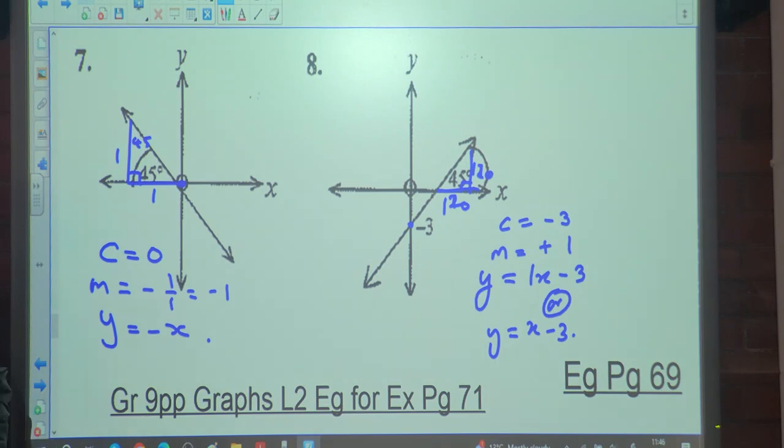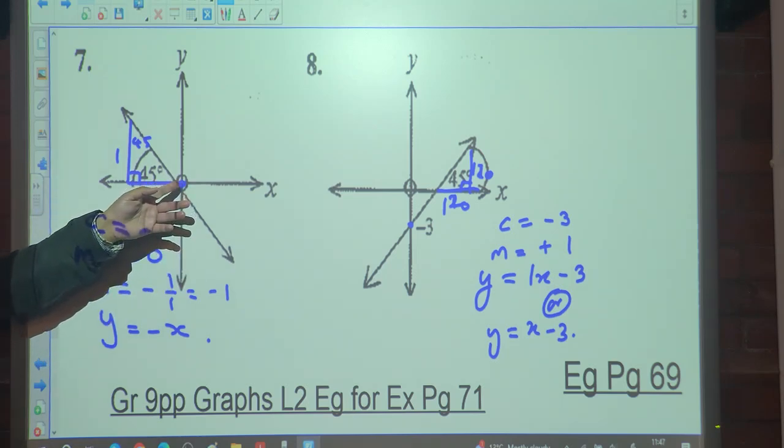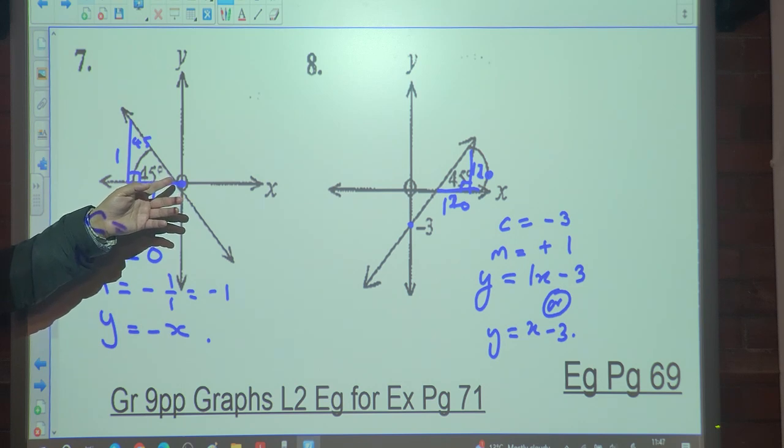Okay. Is there any confusion here? Number 7: if the 45 degrees is on either side and there's no other number, will it always be 0? No. You see that they meant to draw it through the 0, but they probably couldn't get it right.